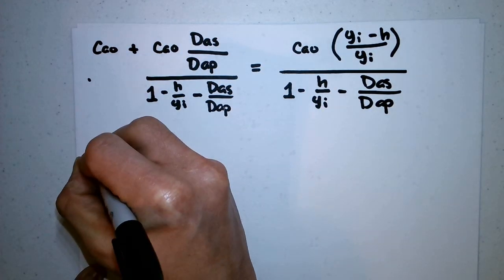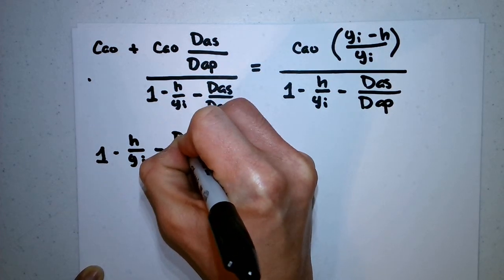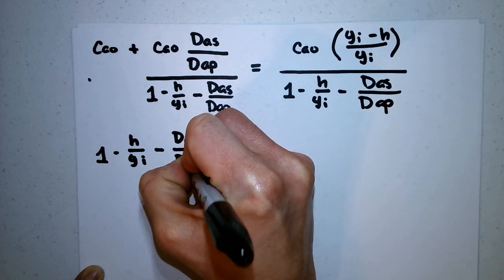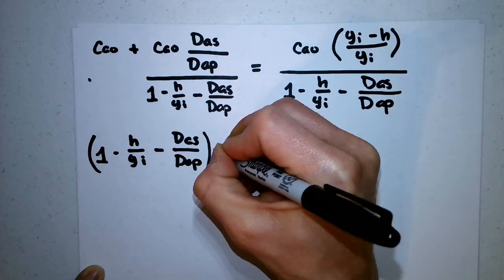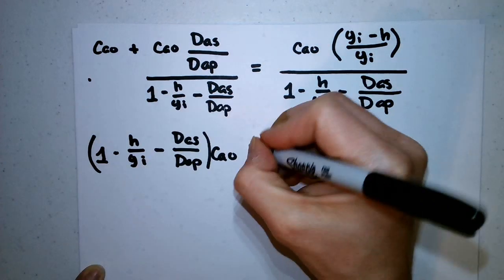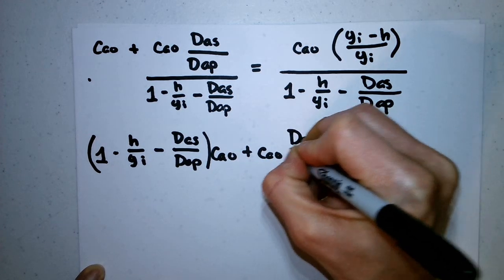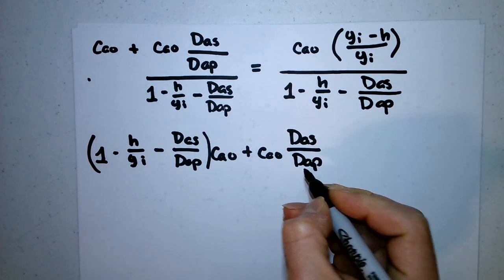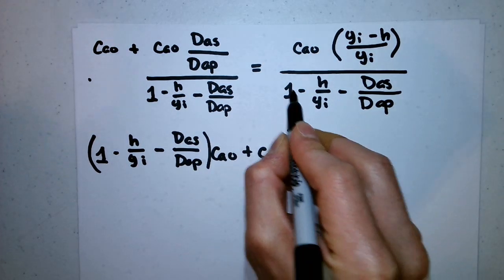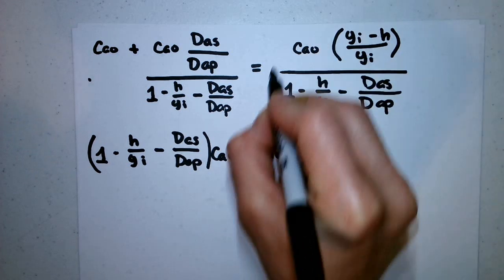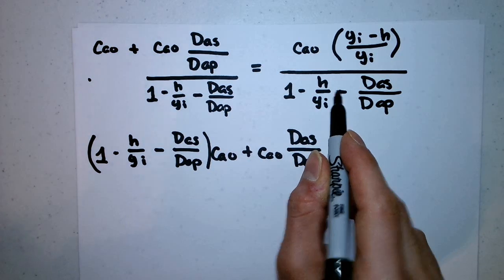So we'll have this times Ca naught, then plus Ca naught times that. This is all going to be over this denominator that's equal to this function, and we're going to let those denominators cancel. That was the whole goal here.